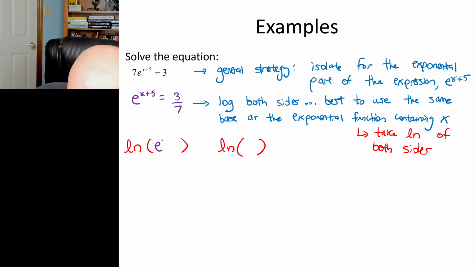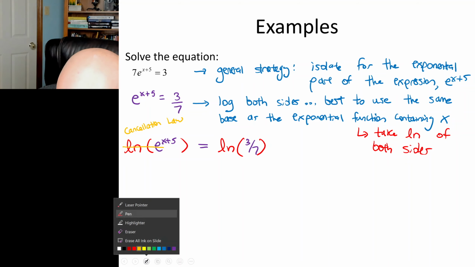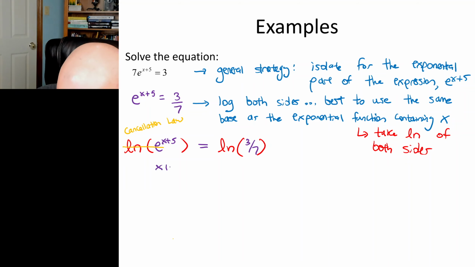Ln of e to the x plus 5 equals the ln of 3 over 7. On the left side, we have a cancellation law. So x plus 5 equals the ln of 3 over 7.